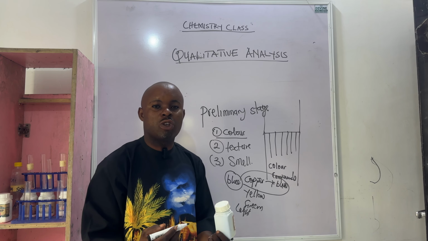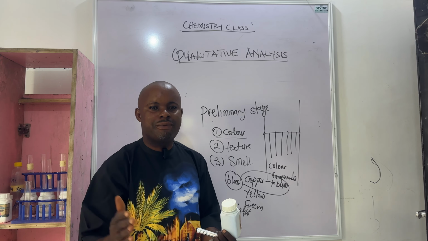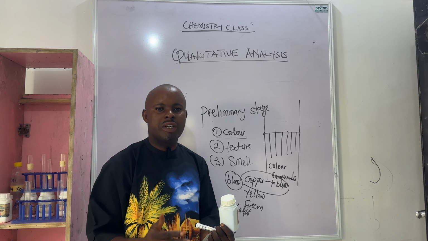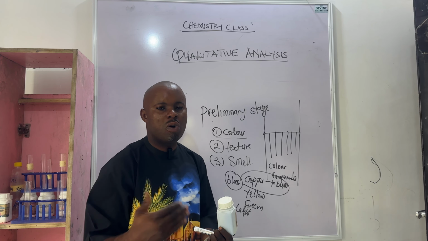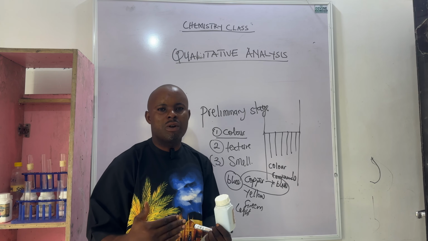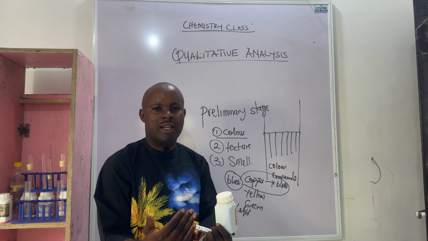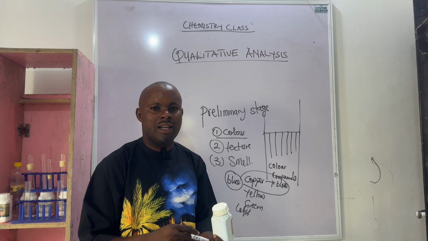In this preliminary stage, you're just trying to infer so that it can guide you on what to identify in such a salt. You're not concluding that this salt contains copper or iron, but you're trying to narrow your mind towards specific ions so that you can have a direct identification.